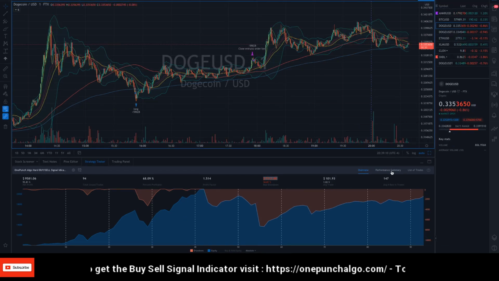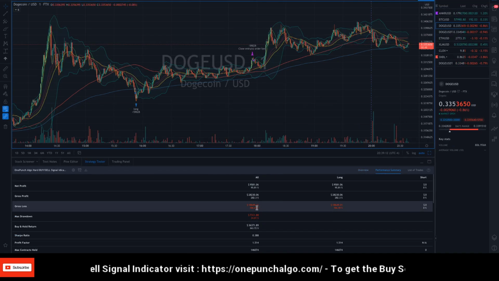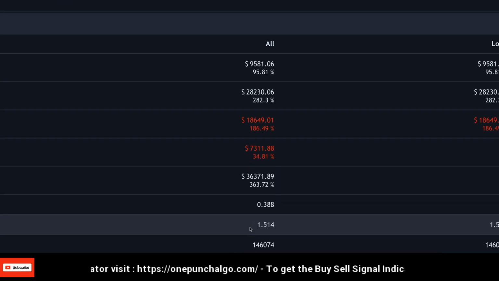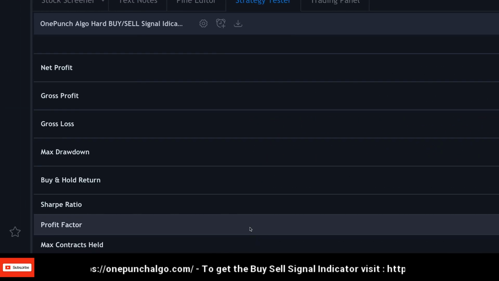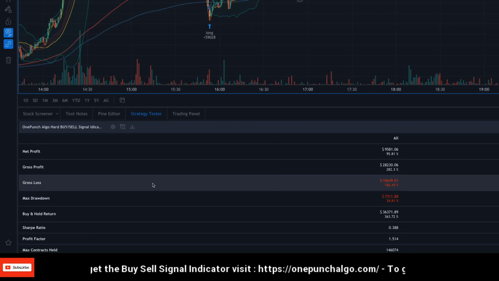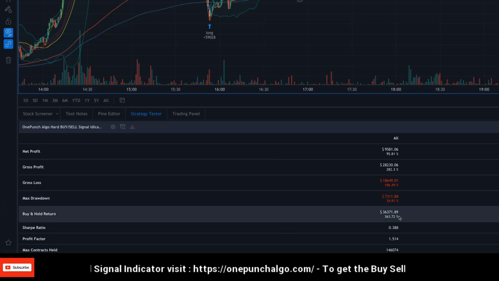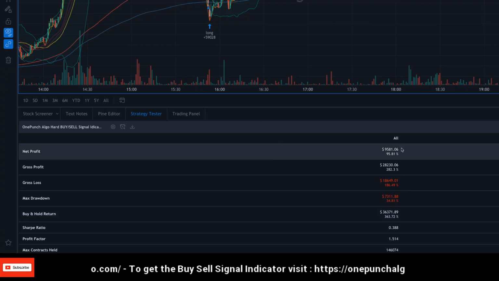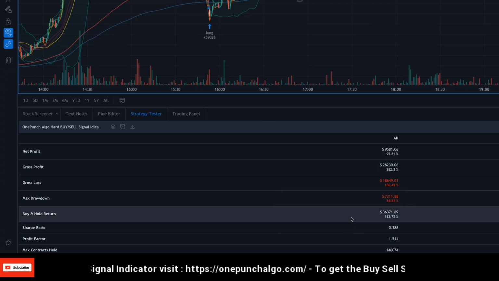You go to performance summary here, and then go to the buy and hold section here. See this one, buy and hold return. If you were to buy and hold, you would have made 363.72%. Not many can capture the entire move.